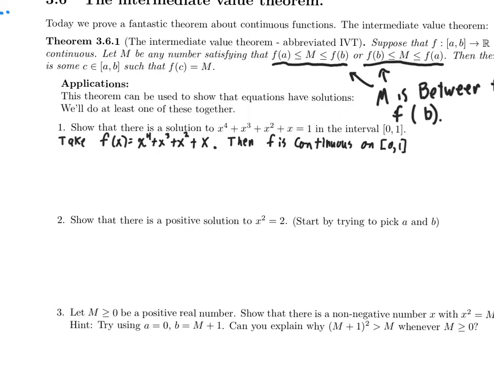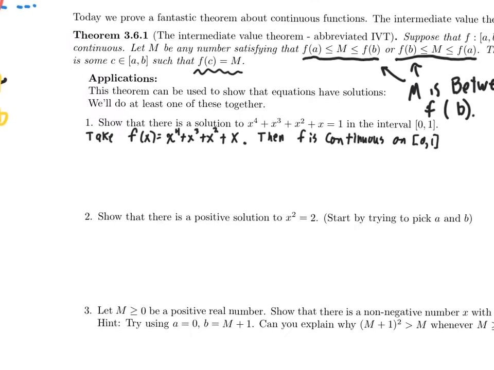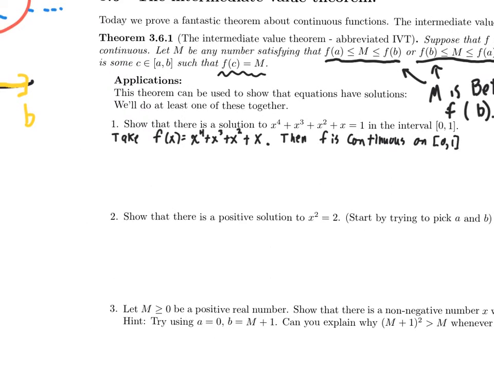The next thing you need is a number m, which is between f(a) and f(b). And that m is the output that we find an input that corresponds to. So it looks like we want to think about m equals 1. Well, let's see. f(0) is 0. Good, that's less than 1. Let's be hopeful and assume 1 will be less than f(1).